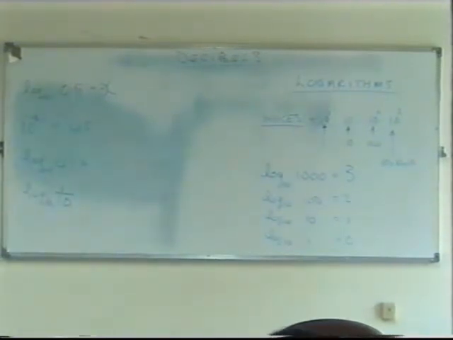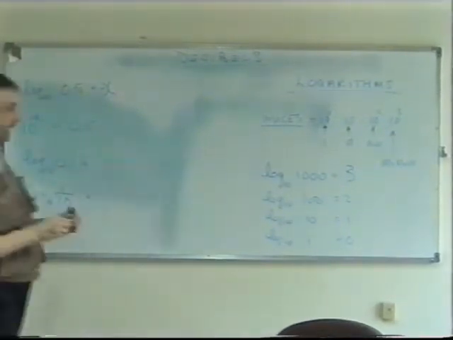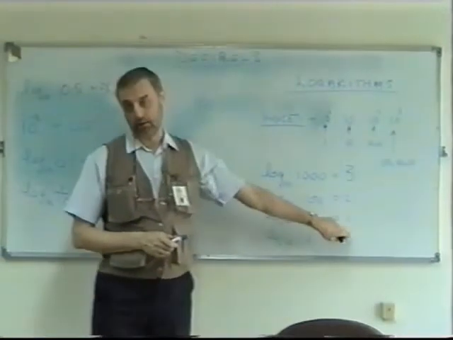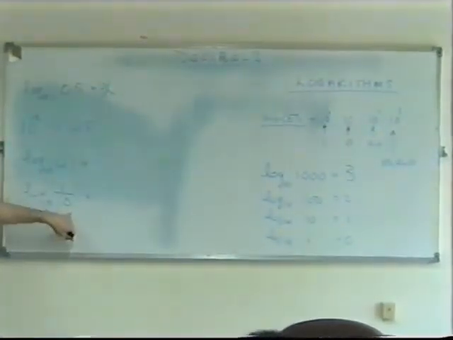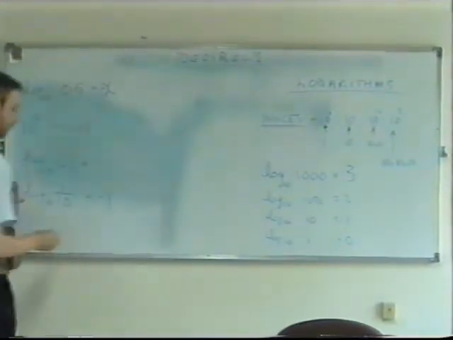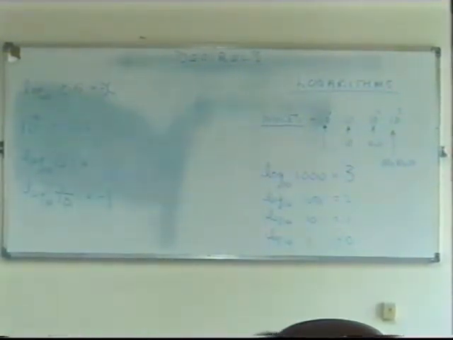So what do you think that answer is going to be? Well, what's the logarithm of 10? 1. So what do you think this one's going to be? Minus 1. Exactly. Minus 1. Remember, negative numbers for numbers less than 1.